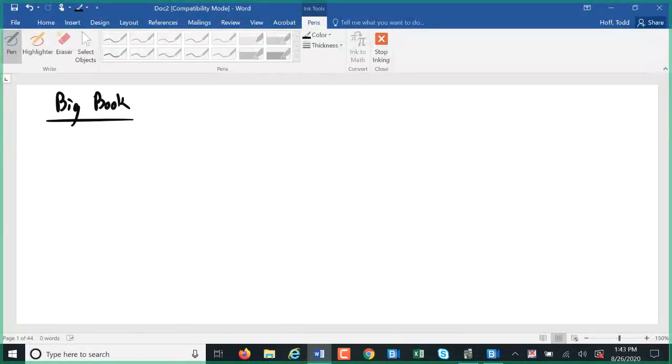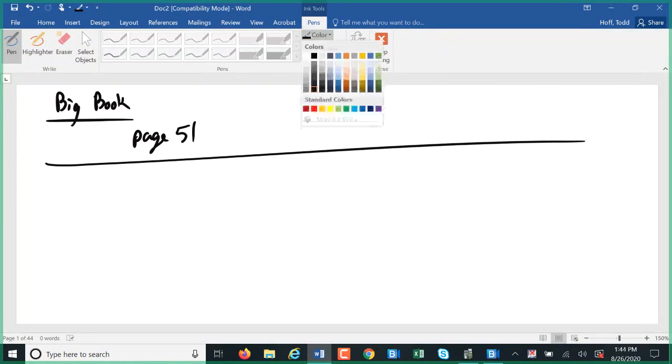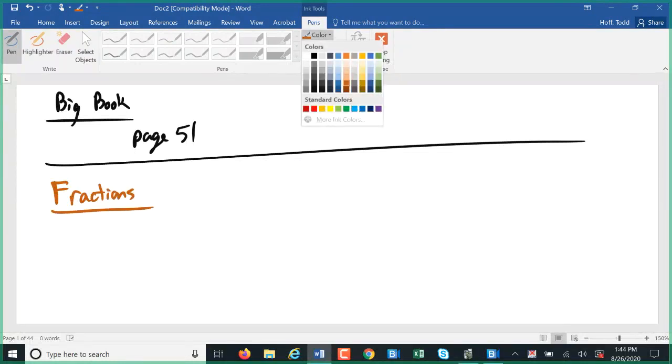What we're going to talk about today, I want you to open up to about, starting at about page 51. As you're getting to that page, you're realizing that our topic for today is going to be starting with fractions. Now, we talked a little bit about fractions on Monday.